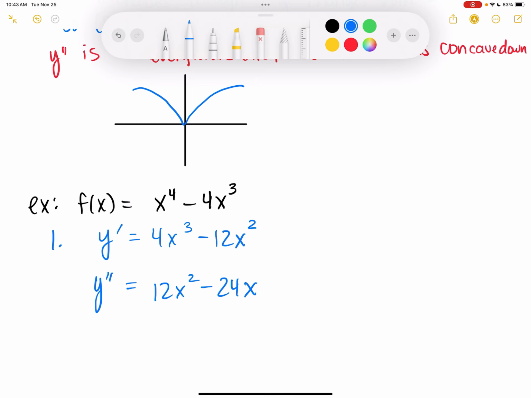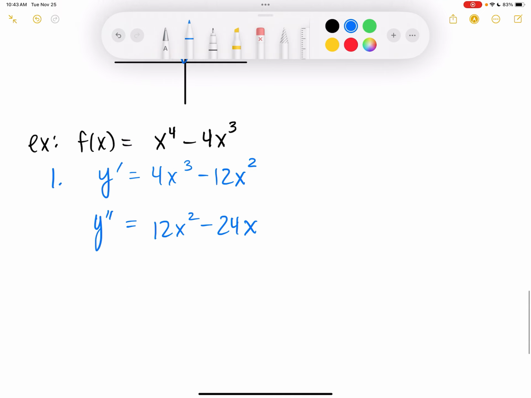All right, so then I'm going to set my first derivative equal to 0 and solve. So we've got 4x cubed minus 12x squared equals 0. I would take out a 4x squared. That would leave me with x minus 3 equals 0.